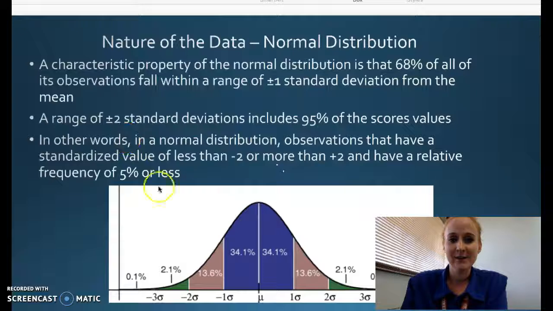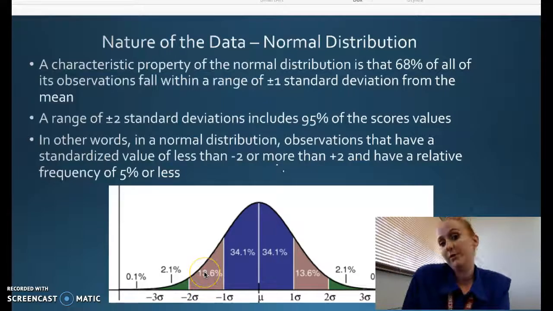Observations that are 2 standard deviations away, we add these little maroon portions, and that gets us up to 95% of what's contained in that variable. So again, if we were using the example of age, you would have a few people younger, a few people older, but if we went out to whatever that value is, maybe it's 6 years, 3 to 6 years, we would get most people in the class within 3 to 6 years of the average age.